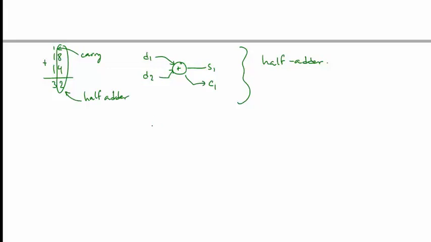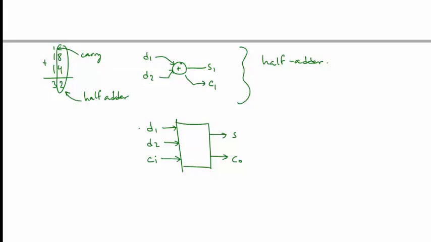So a full adder has digit 1 going in, maybe we'll write it more generally here, digit 1, digit 2, and a carry in, and it will have a sum coming out and a carry coming out.